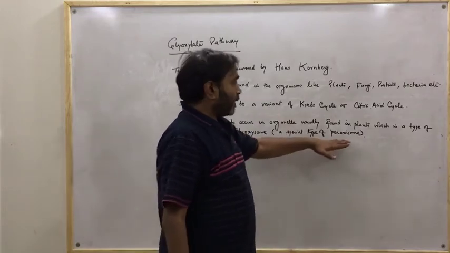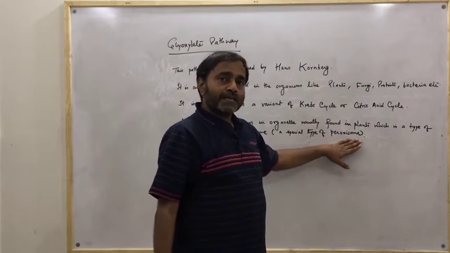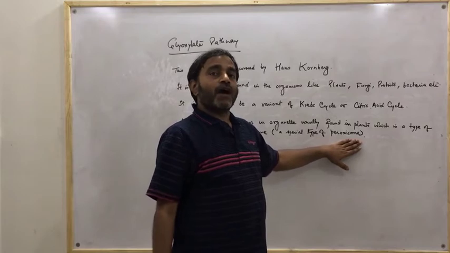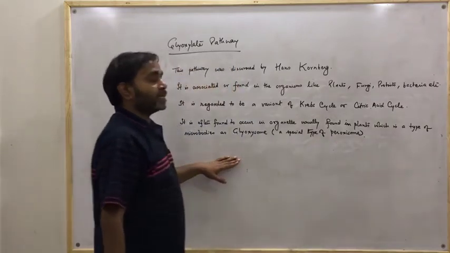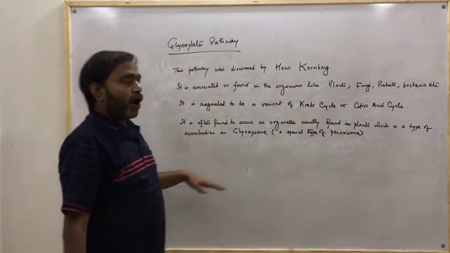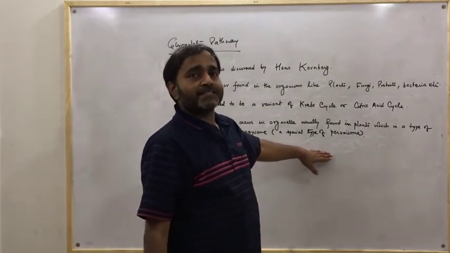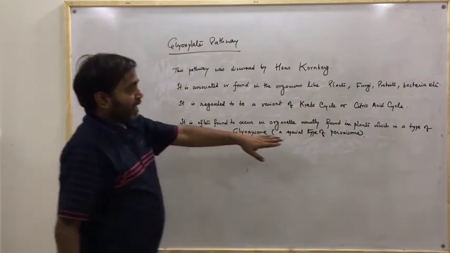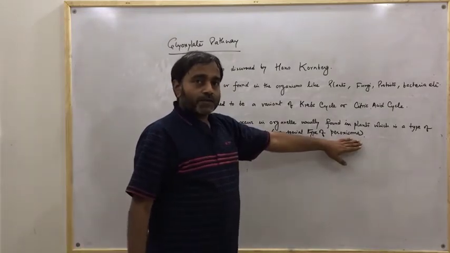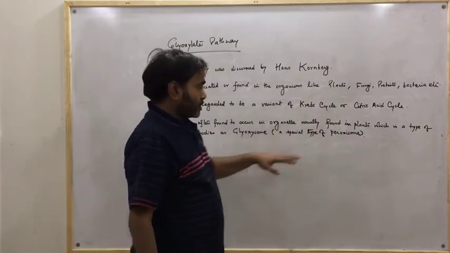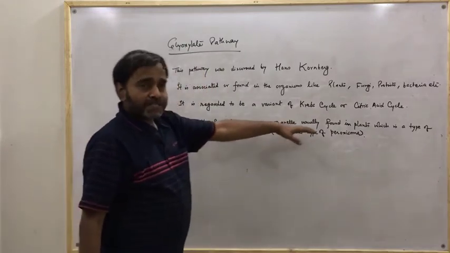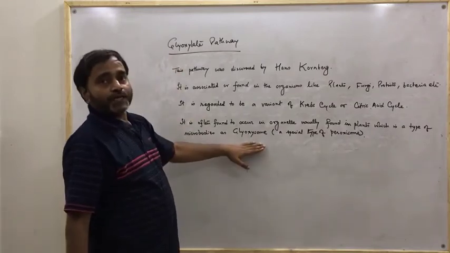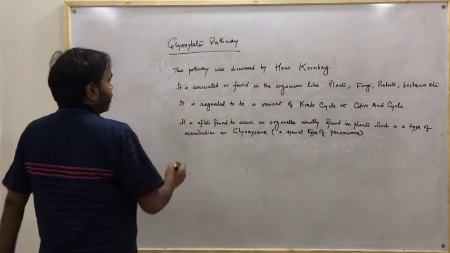But peroxisomes are usually found in the cells of liver and kidney in higher animals. In plants, they are often found in germinating seeds. So it should be in our knowledge. Glyoxysome is a special type of peroxisome, and the glyoxylate cycle occurs in this. So this is an important fact.